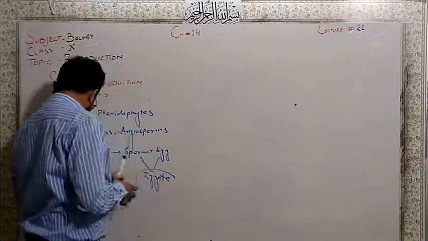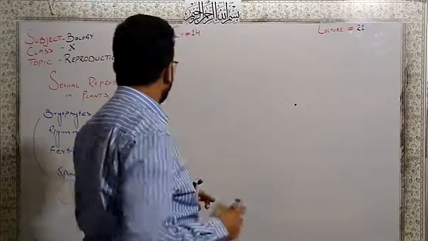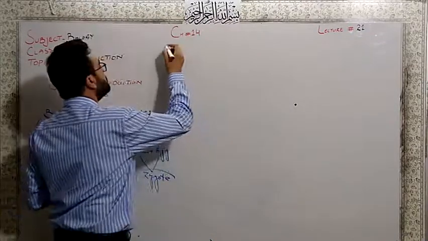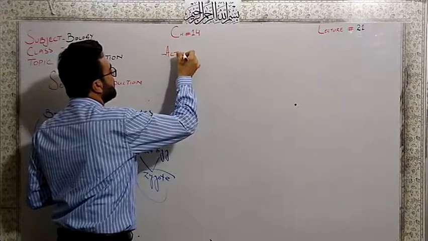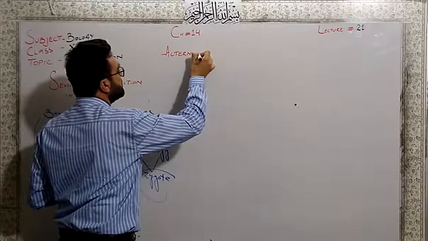Alternation of generation is a concept we have in plants, in which we have two generations. First I will write the definition of alternation of generation.